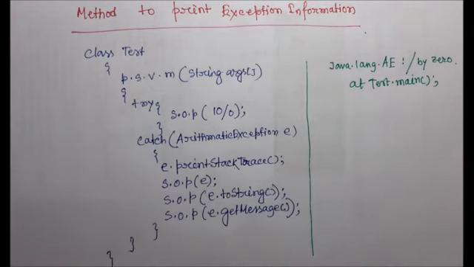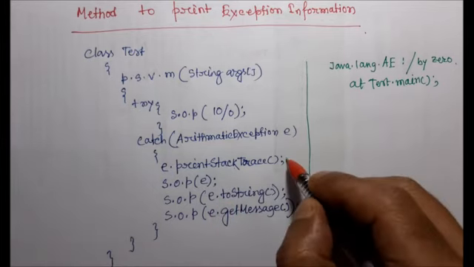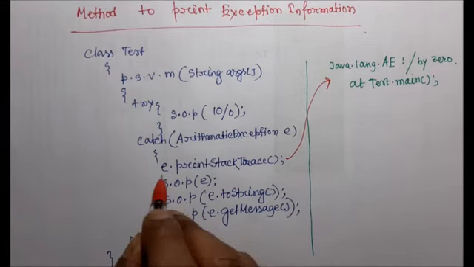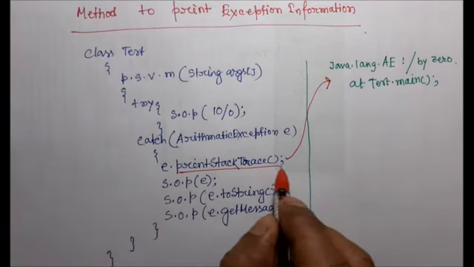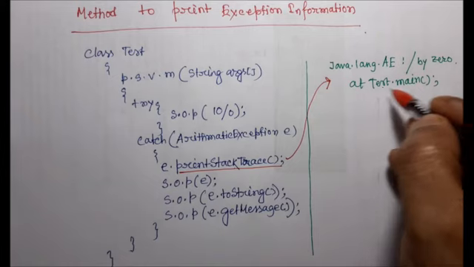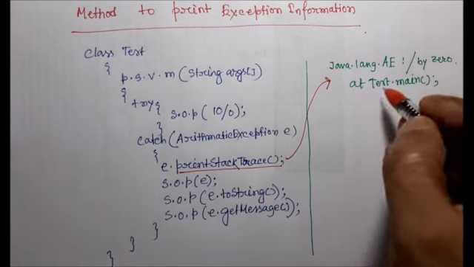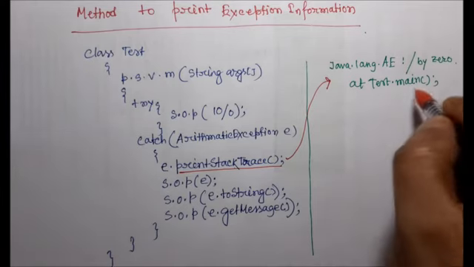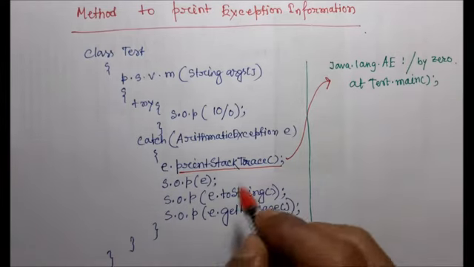So if I use e.printStackTrace, what will print? The total information will be printed by this method, including the location where the exception arose. All detail will be printed by this method.